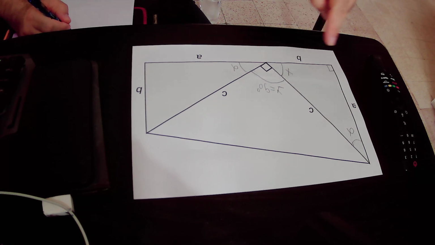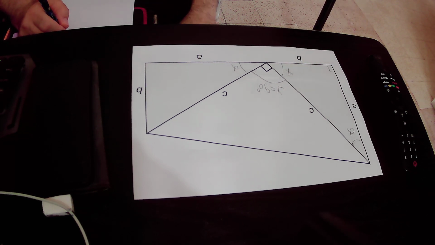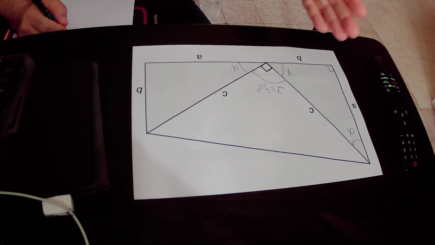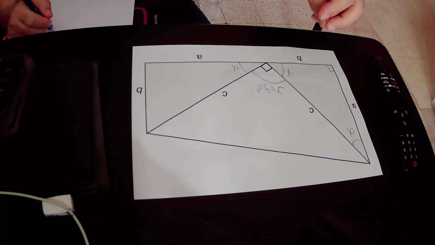So B times A divided by 2 is the area of the right triangle. It is on the right side of the picture, and it is also a right triangle because it has an angle that is 90 degrees. And its area is B times A divided by 2.